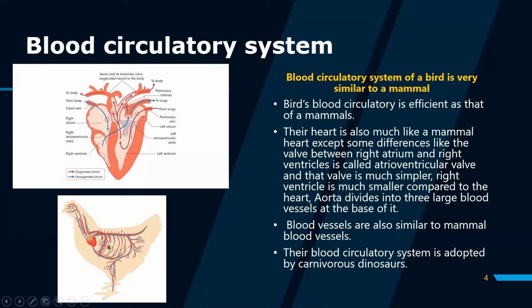And their blood circulatory system is adapted from carnivorous dinosaurs because their ancestors were predators. So they need to have a very efficient blood circulatory system. As they evolved from carnivorous dinosaurs, birds ought to have a very efficient circulatory system.